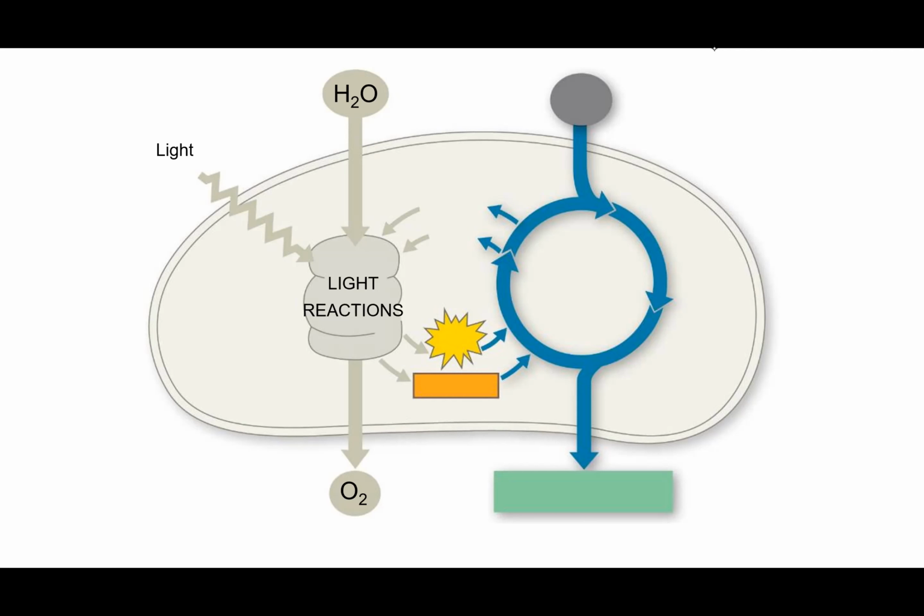That should remind you a lot of cellular respiration. What's embedded in that membrane? So we have chemiosmosis. So we have that hydrogen ion gradient and the hydrogen ions then passing through the ATP synthase to provide the energy to phosphorylate ADP to make ATP.